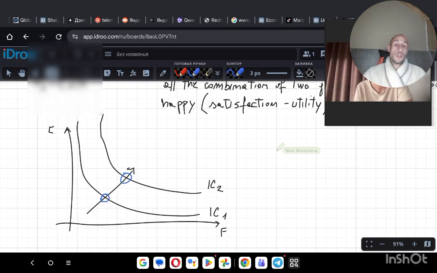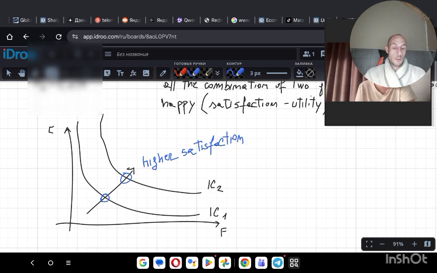In this region, we value food little. Here, extra food means little.